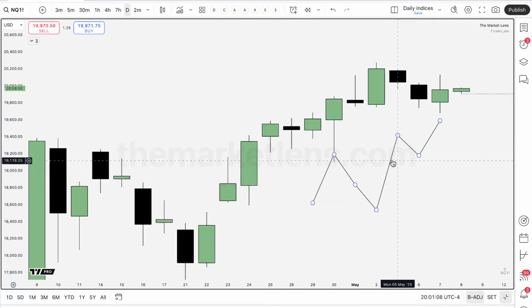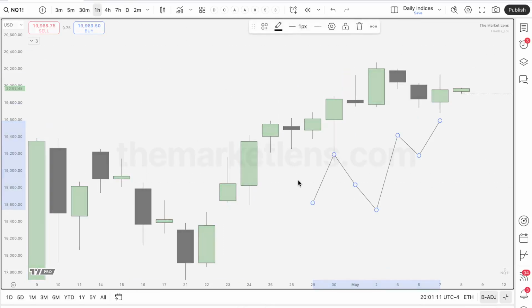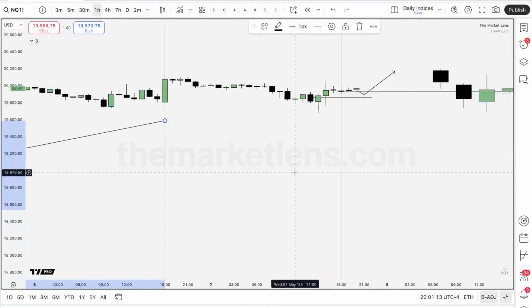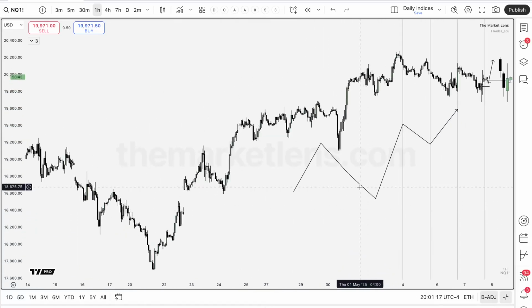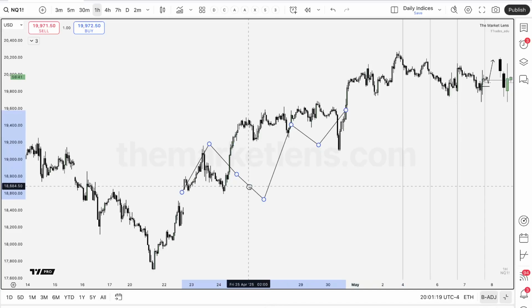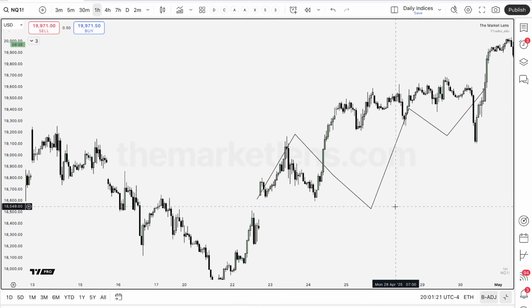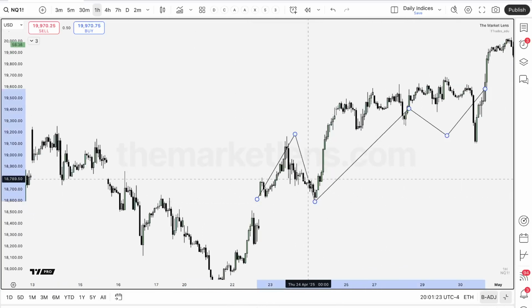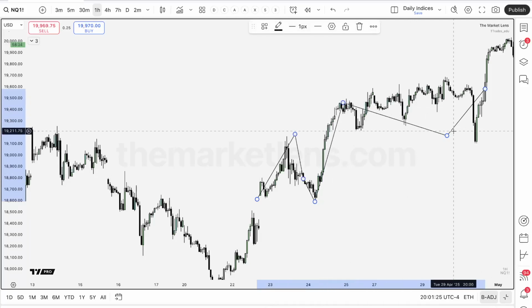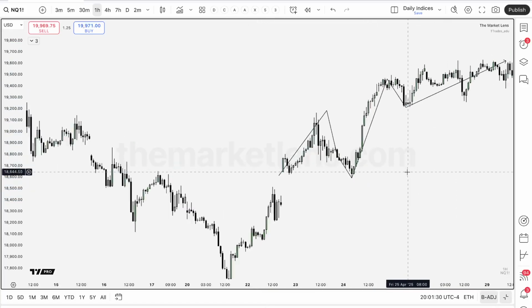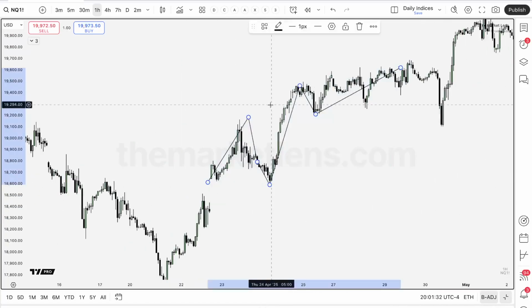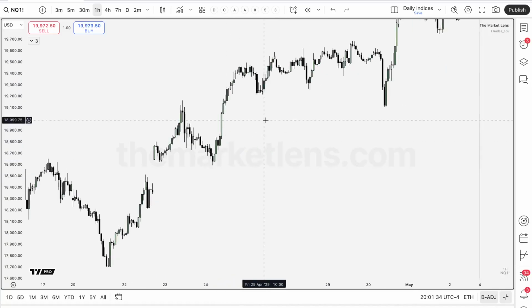Right, that's what this hourly structure looks like. So you can start to visualize all the time frames put together.